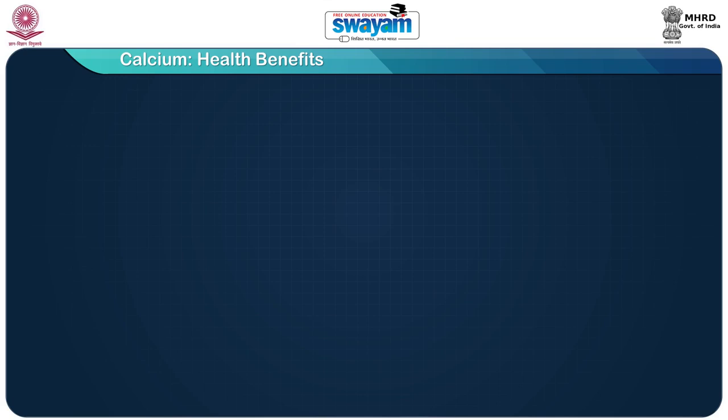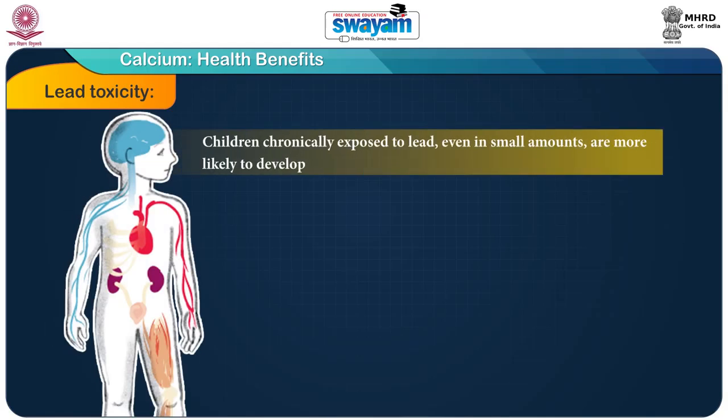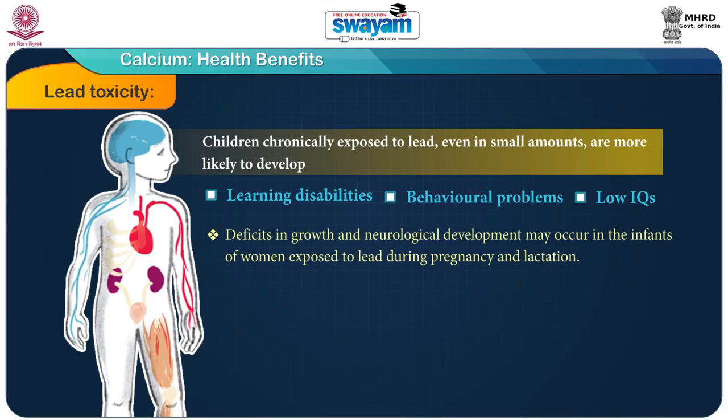Now, the role of calcium in lead toxicity. Children chronically exposed to lead, even in very small amounts, are more likely to develop learning disabilities, behavioral problems and have low IQs. Deficit in growth and neurological development may occur in infants of women who are exposed to lead during pregnancy as well as during lactation.